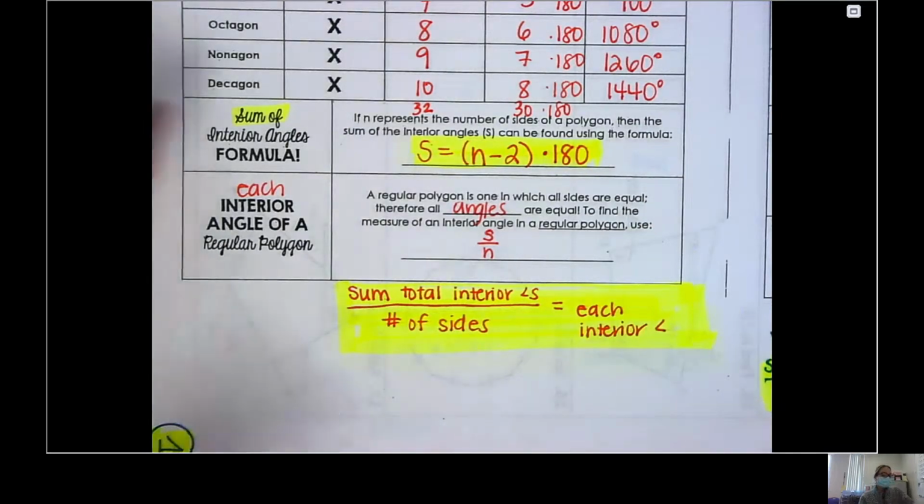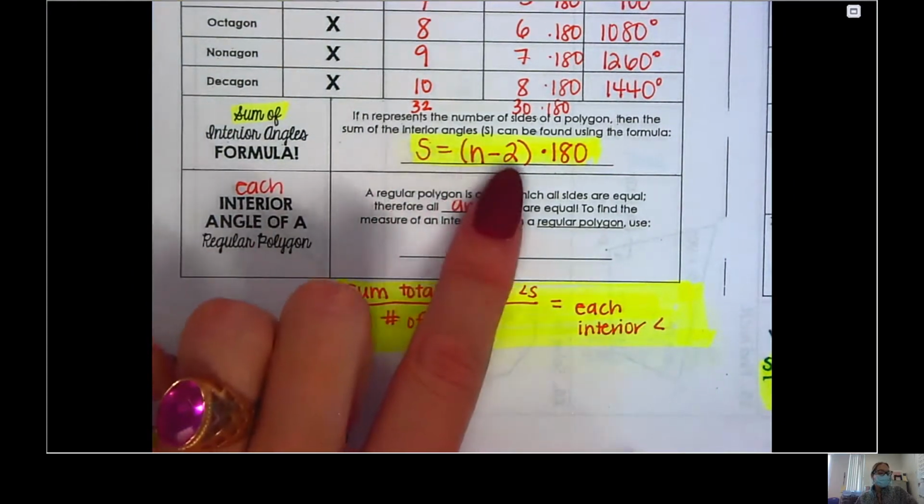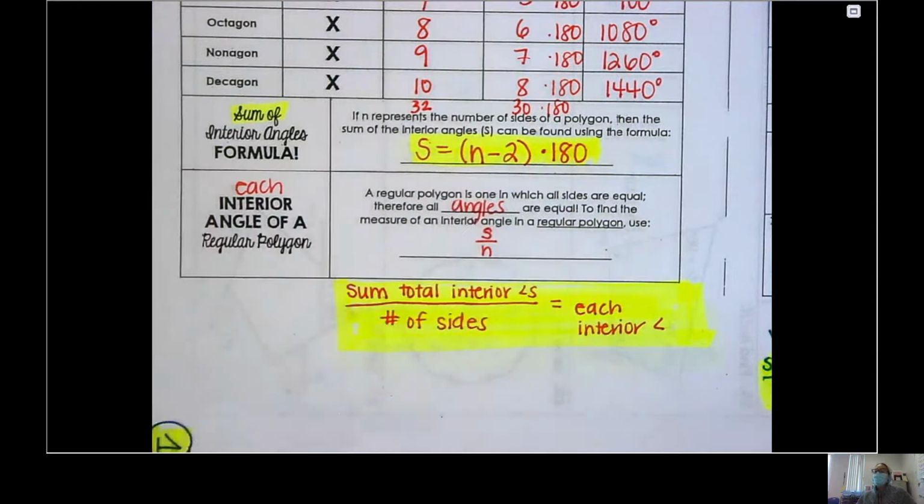Number one, the sum of interior angles formula. To figure out interior angles on the inside of any polygon, the formula was S equals n minus 2 times 180. Who remembers what the n stands for?